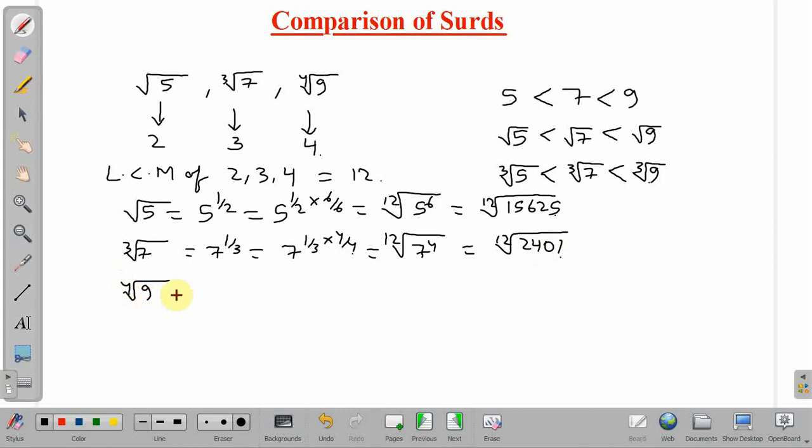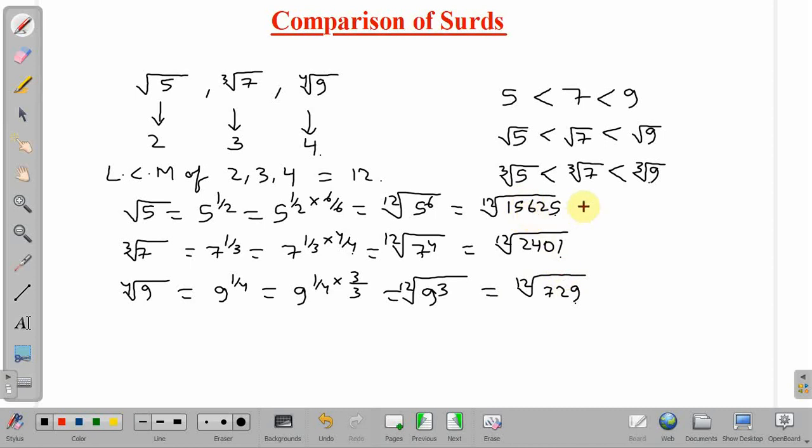Similarly, the third surd is fourth root of 9, which is 9 to the power 1 by 4. We need to make the order of the surd 12, so we multiply and divide by 3. So it will be 9 to the power 3 and the order will be 12. It is nothing but 12th root of 729.